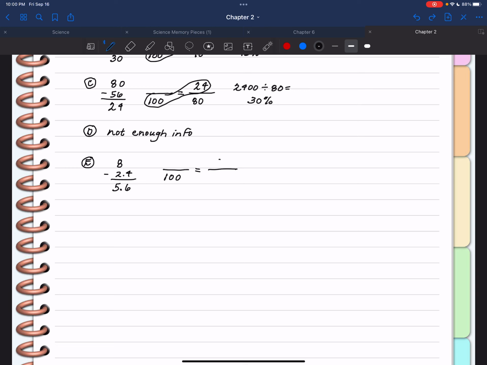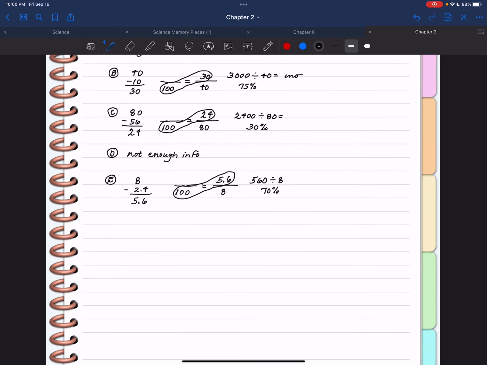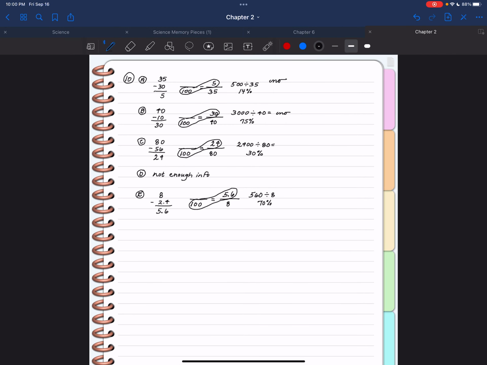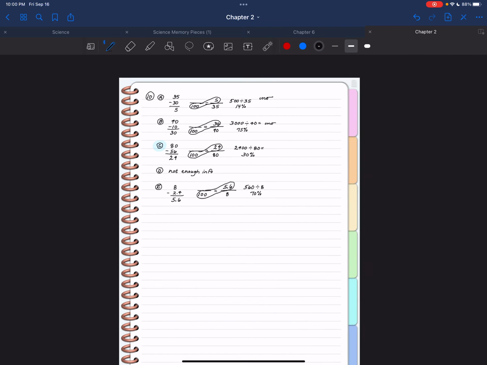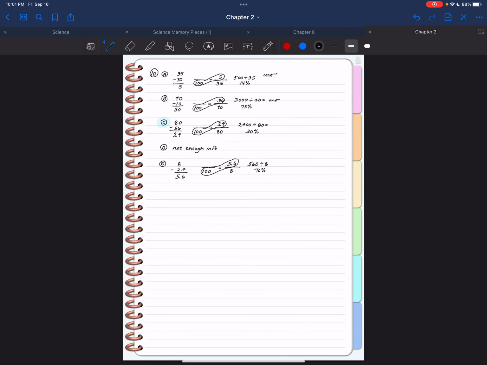You see what happens when I try to do too many things at once. I get all mixed up. So this is 560 divided by 8 is 70%. Let me just check that. Okay, so the one that represents this 30% change is C. And if I were doing a test and I got that answer, I would stop right there. I would check it to be sure I hadn't done something silly, but I wouldn't go through all that.